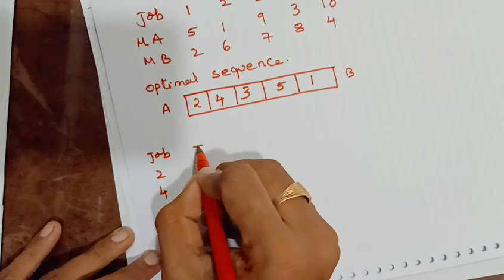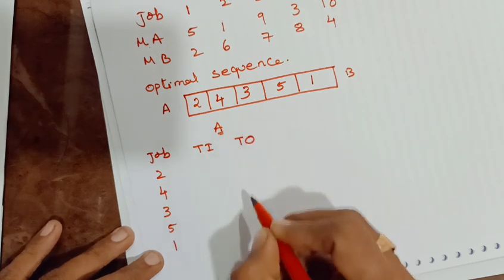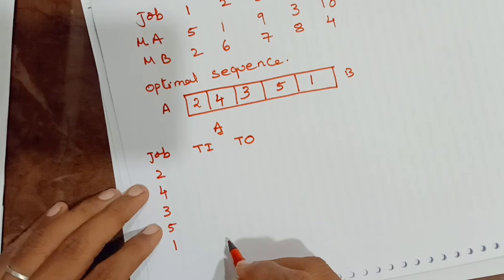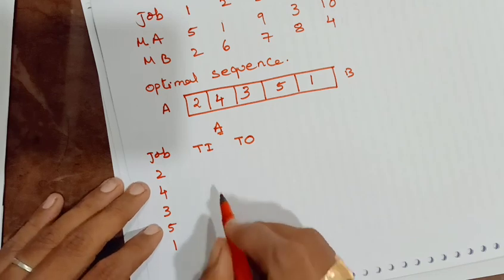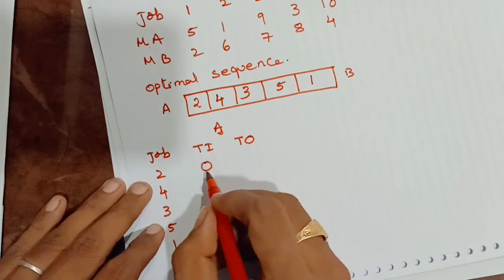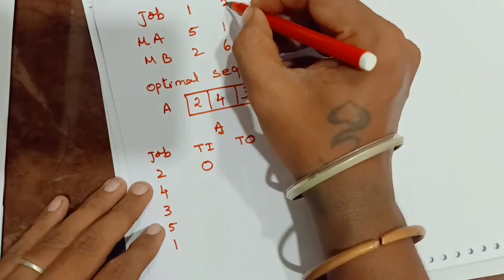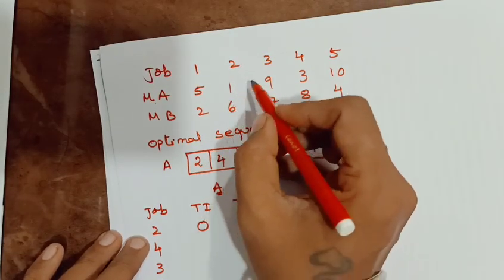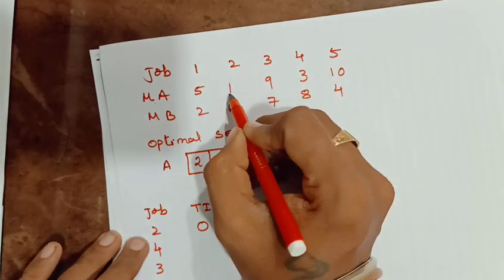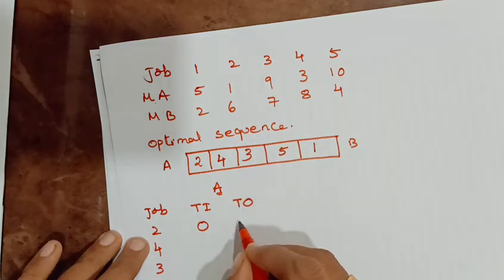So, time in and time out for machine A. Always remember it starts with 0. So time in will always start with 0 for machine A. Job 2, machine A processing time is 1, so time out will be 1.